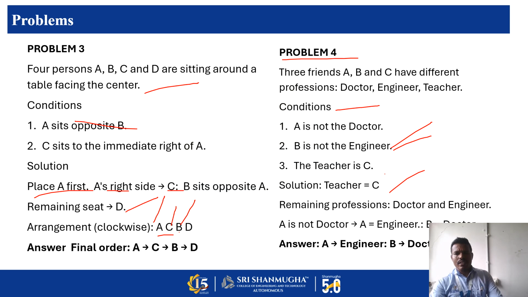Next, B is not the engineer, so only one option remains, doctor. So A is the engineer, B is the doctor, and C is the teacher.